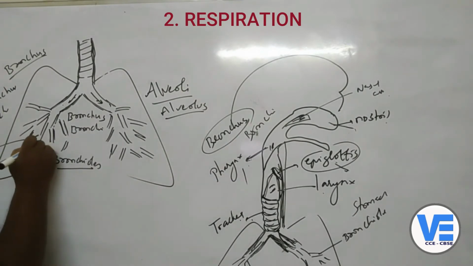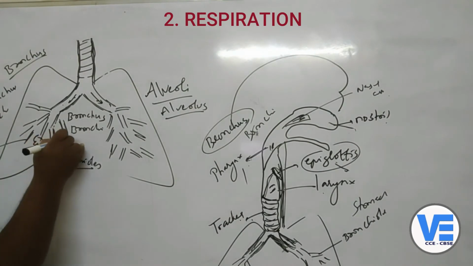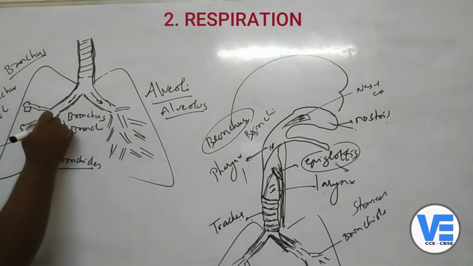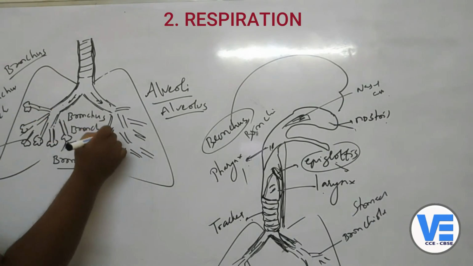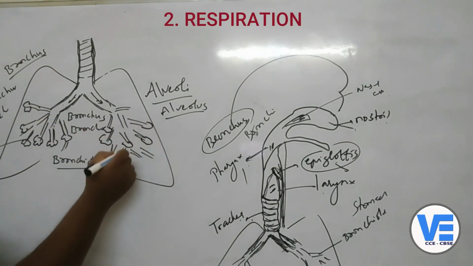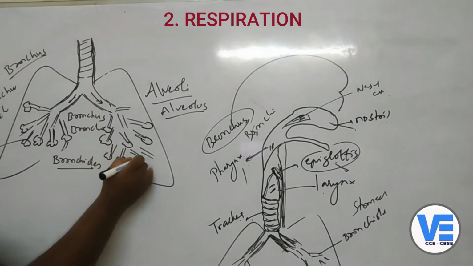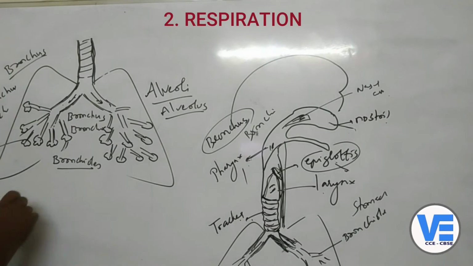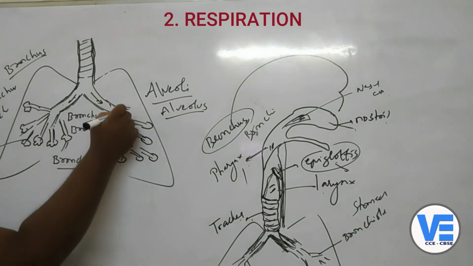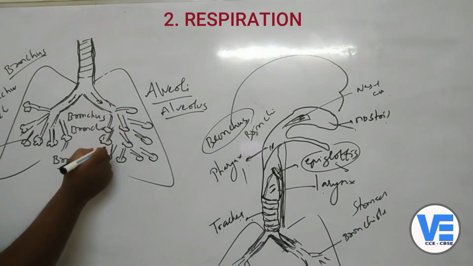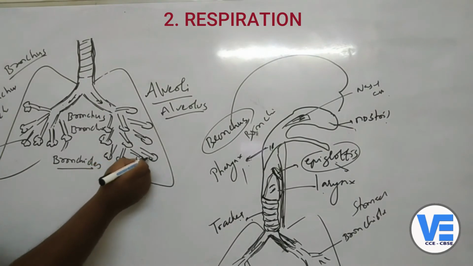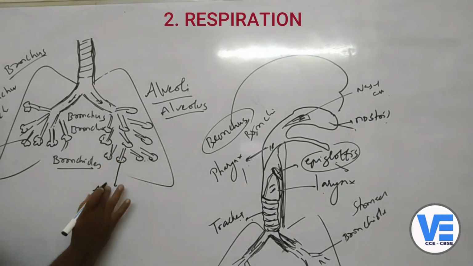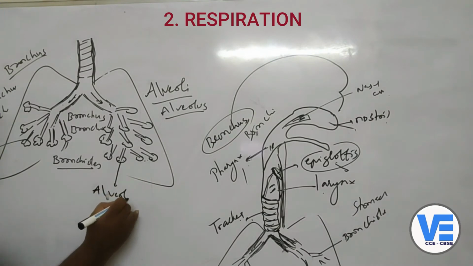Cluster means many are present in one particular place, like a cluster of grapes: one grape, and a cluster is a group of grapes present in one place. Here there are clusters of air sacs, and these air sacs are called the alveoli.